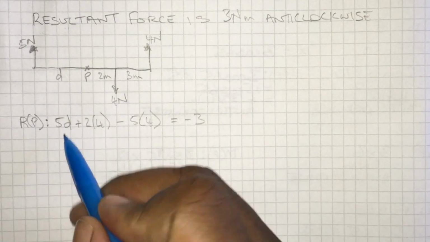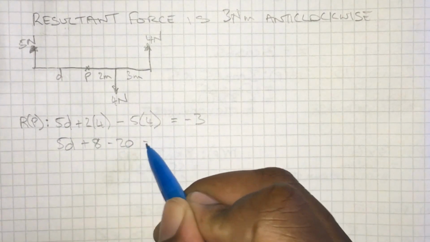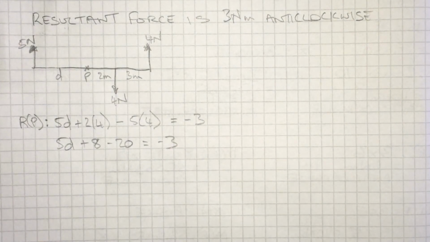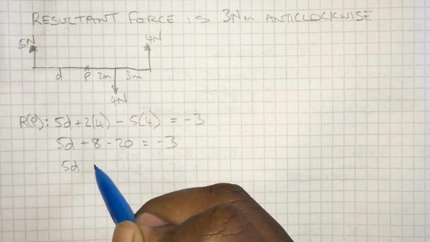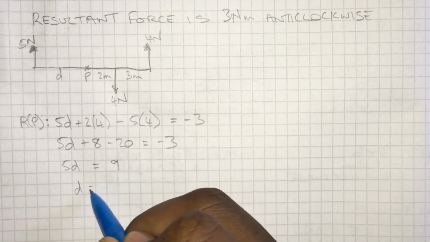And since I know the resultant is negative 3, because it was anti-clockwise, I can go ahead and simplify and rearrange to get an expression for that unknown distance that I've called d. So in this case, d equals 9 over 5.